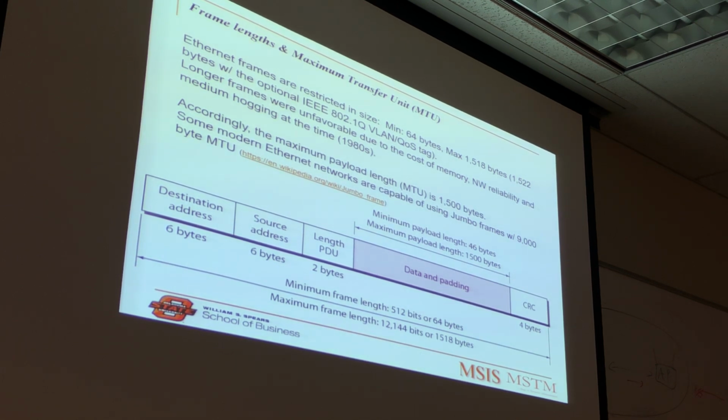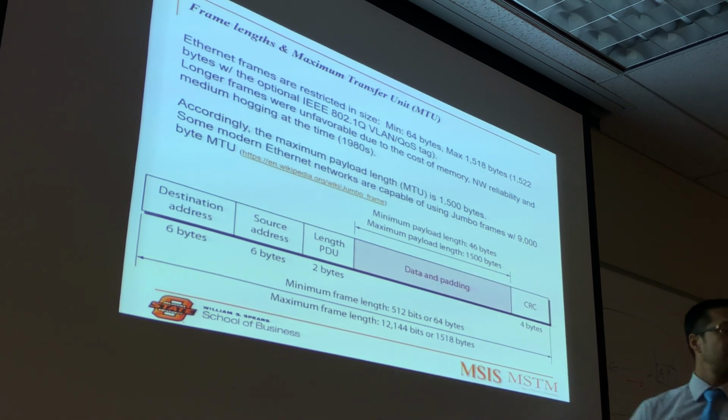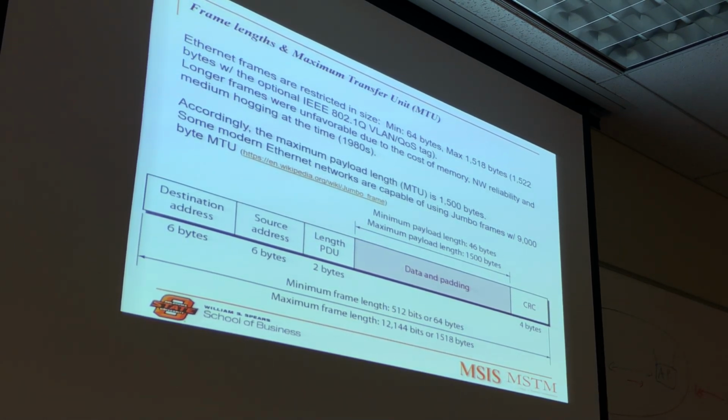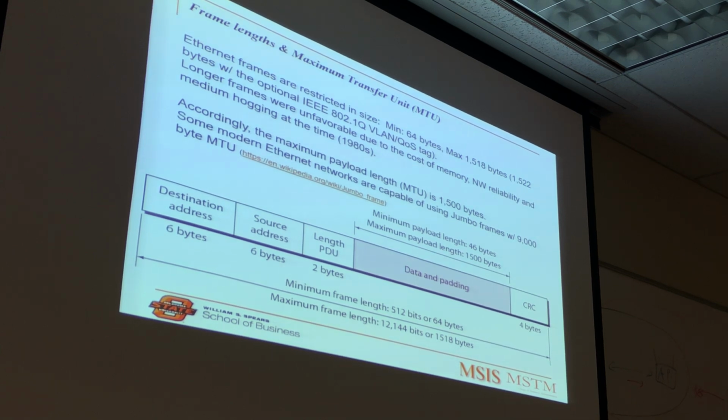And these days, even if you buy your devices from different vendors, like you have a Cisco switch and an Avaya router and an Intel network card, they all use the same jumbo frame standard, so they can use this huge 9,000 byte long data field frame without causing problems. So those are the only two exceptions.